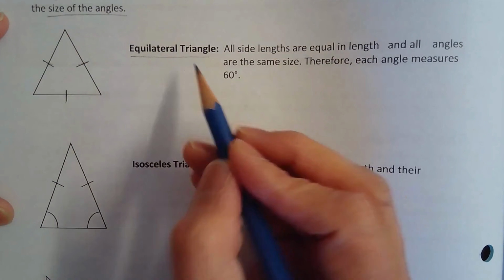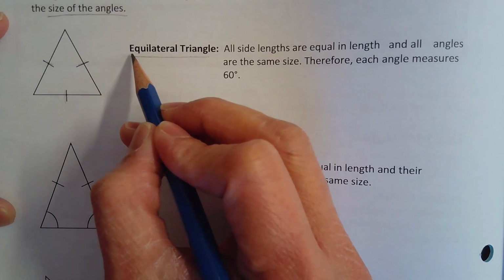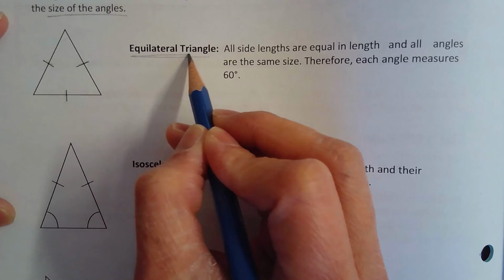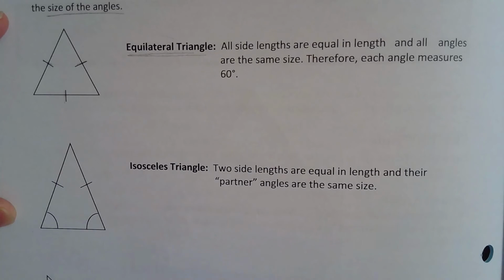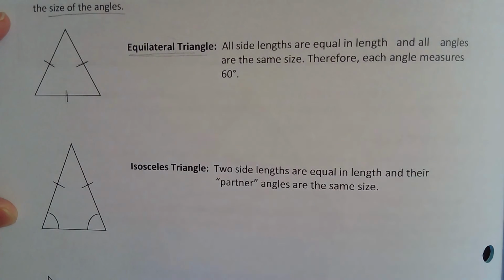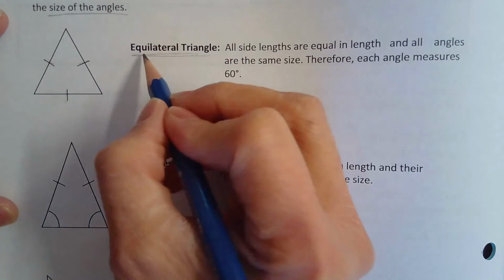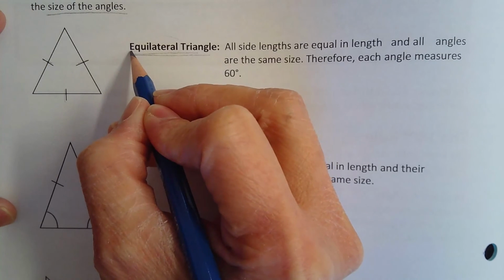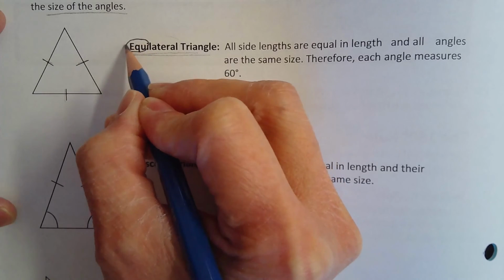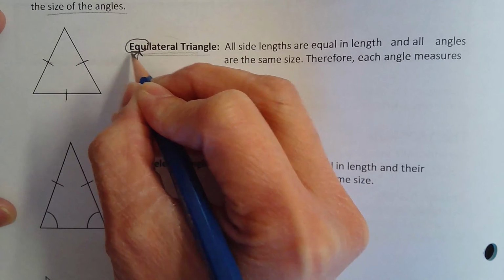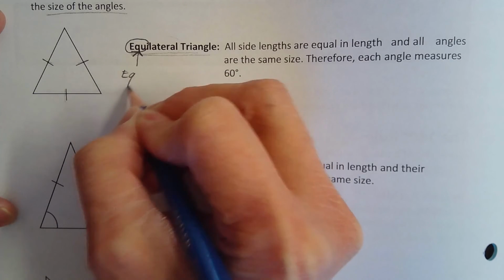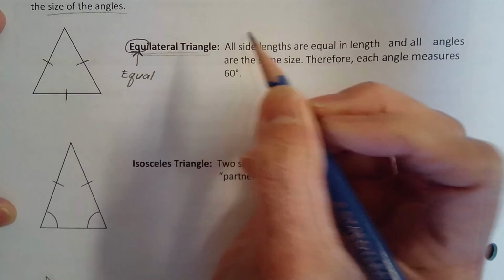So equilateral. I'm going to break down the word equilateral, because once we break down the word, then you're probably thinking, oh, now that makes sense. Look at this word here, equal. What does that kind of sound like? Equal.